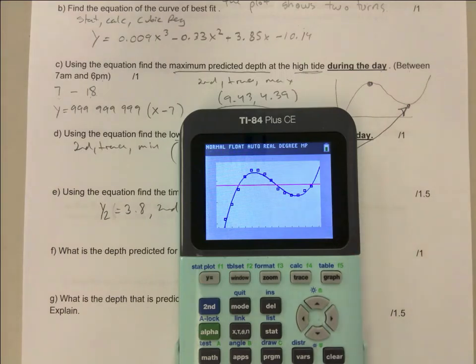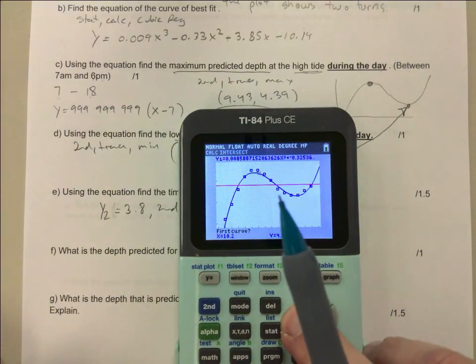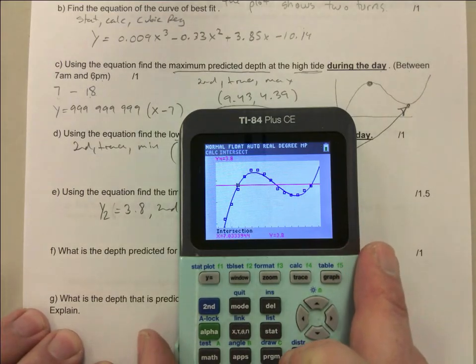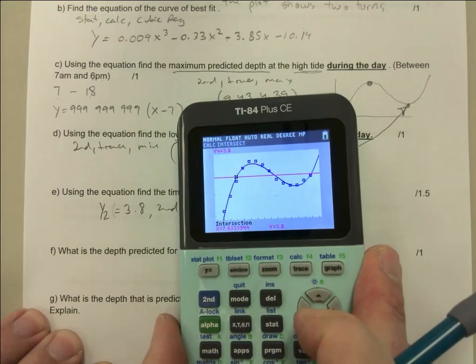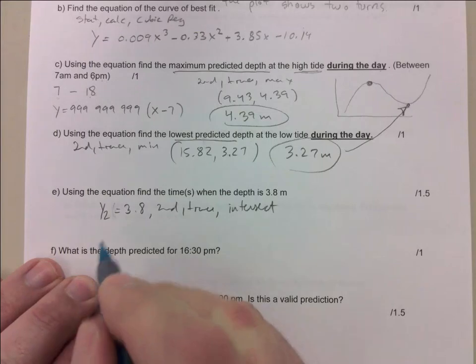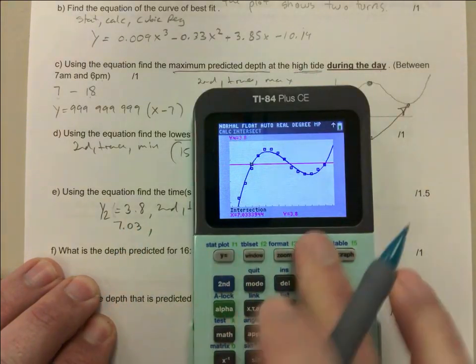So that way you can remove the noise if you need to. So you find that one. That's 7.03. So technically we are within, right? We're past 7 o'clock, so this one still goes. So I'll go 7.03. I'll find the other one.